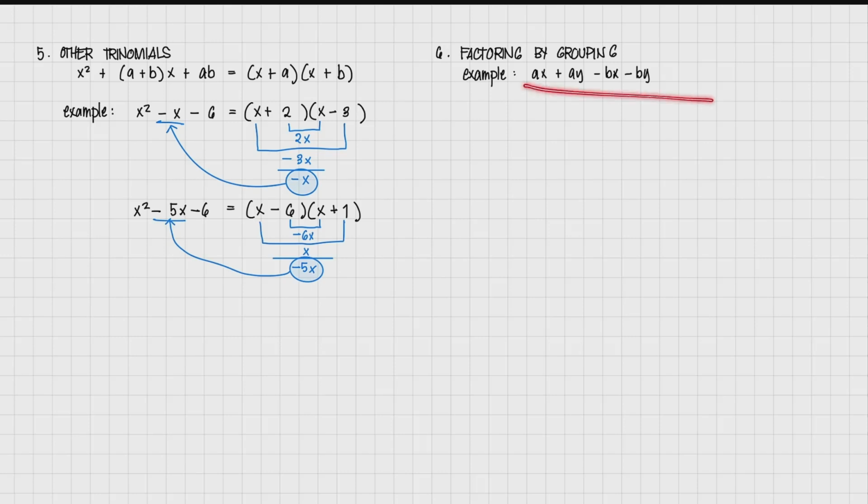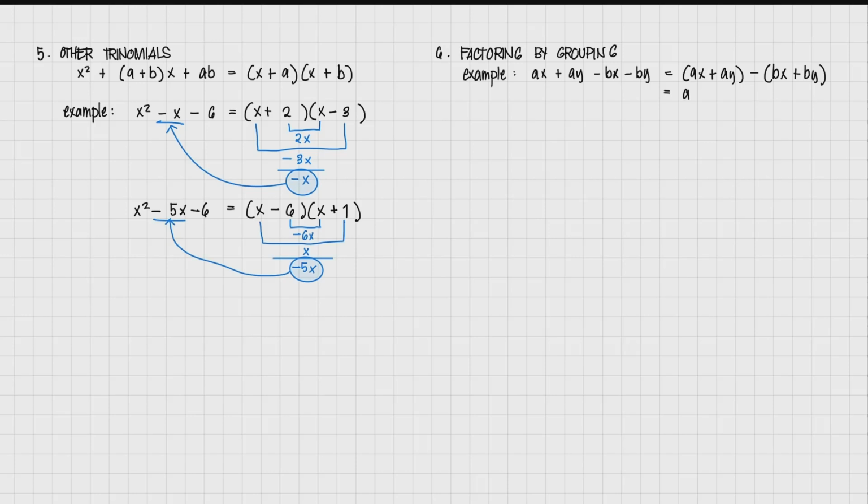So let's try this. For the first example, we have ax plus ay minus bx minus by. What we're going to do first is group this. So we can group this: you have ax plus ay, and then minus bx plus by, right? Then we could factor out a and b.